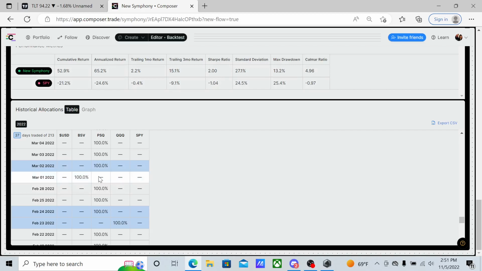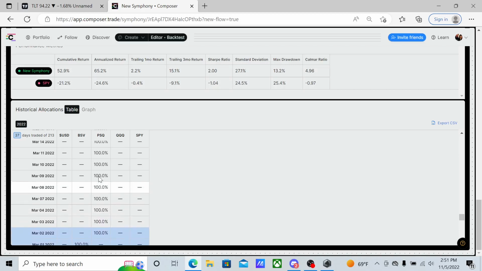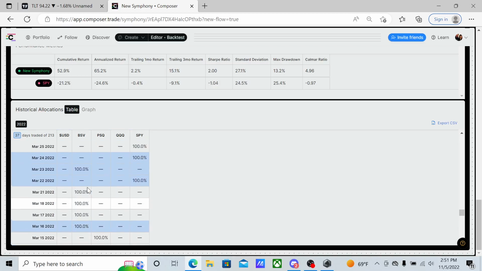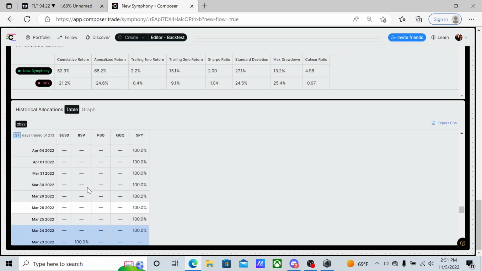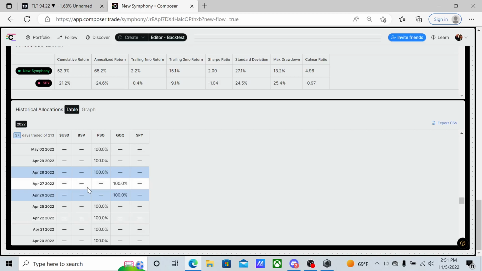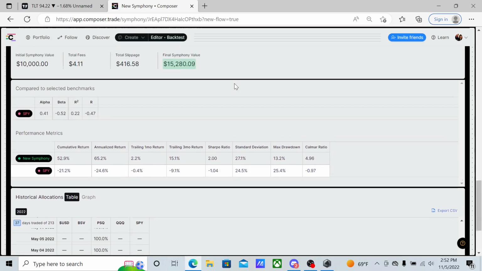So you could absolutely put that in there, and I think it will help over a long-term trend. So you can see here it was shorting, went to BSV, went to BSV. So it hasn't gone into TLT at all this year, and you can tell because TLT is not even listed up here, which tells me the 60-day cumulative returns of TLT have been probably dramatically lower than BSV.